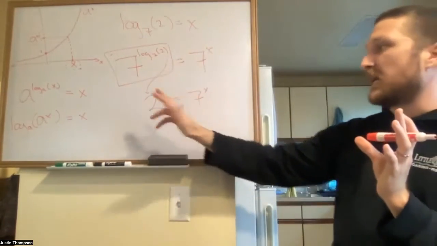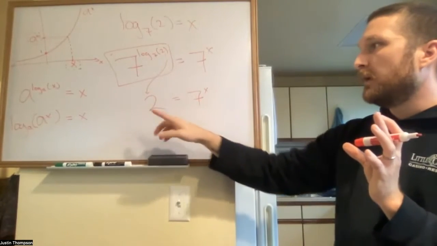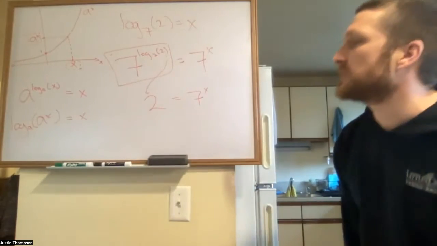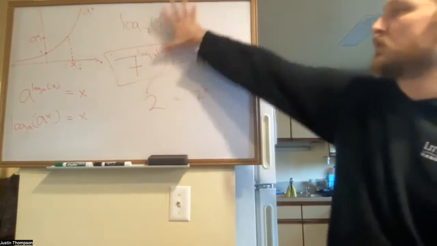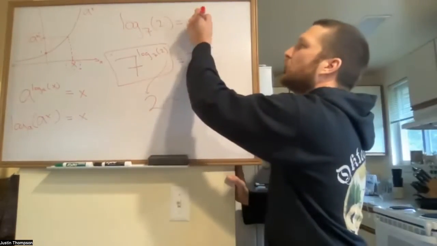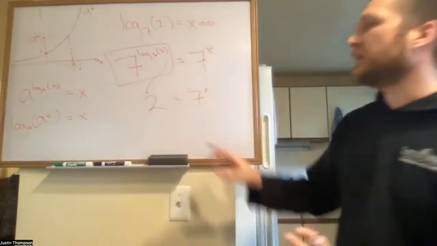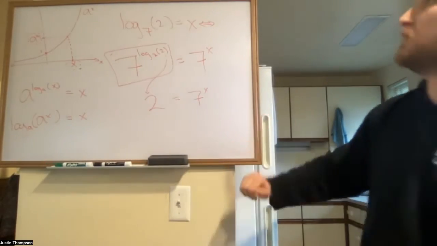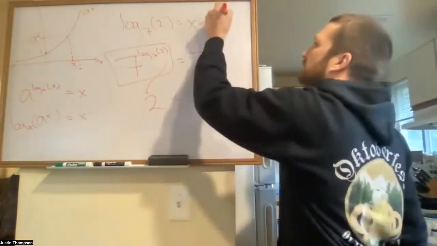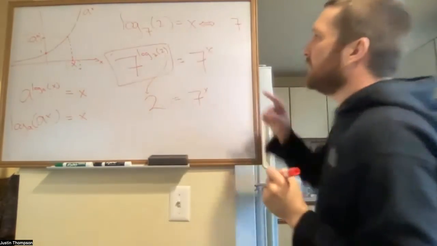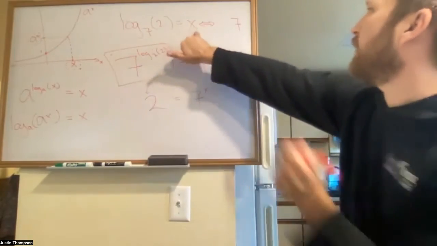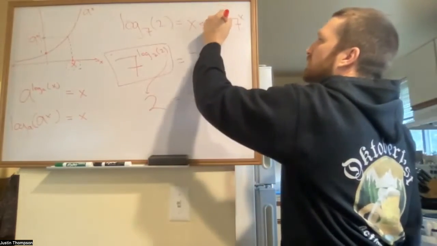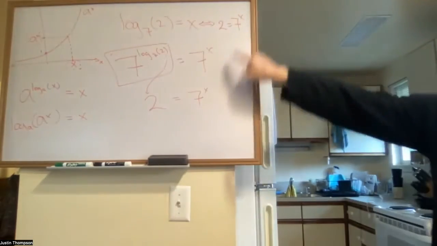You're going to have stuff like this right here. And this is the principle you're going to use every single time. I also want you to reinforce this by saying, well, hold up, I could just write this as an exponential equation. And the exponential equation would say, okay, my base is 7, and it gets raised to the power of x. And the new output is the old input. And so it's 2. Oh man, it's the exact same thing.